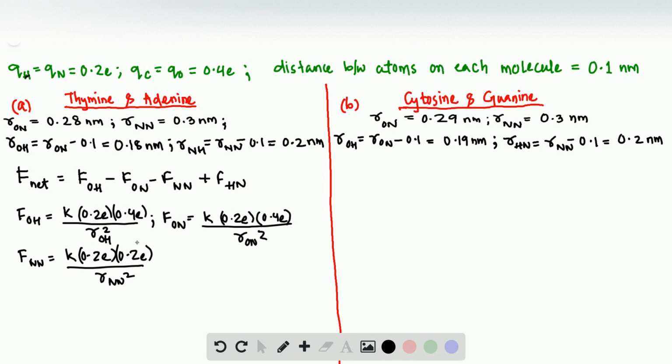So this is not equal to this now. And FHN is K times 0.2 e times 0.2 e over RHN square.